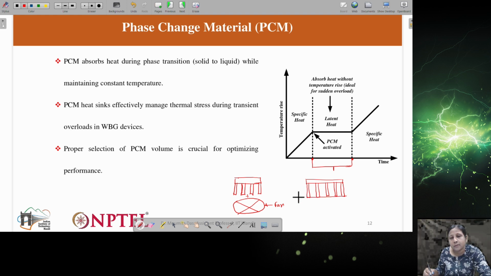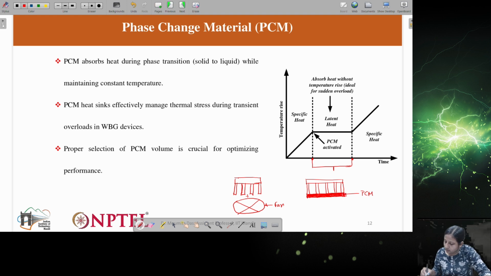will have some portion of PCM material. Let's say the size of this particular heat sink is such that we can replace one-third of it using phase change material. So this is our passive heat sink, and to this particular solid portion we can connect phase change material.